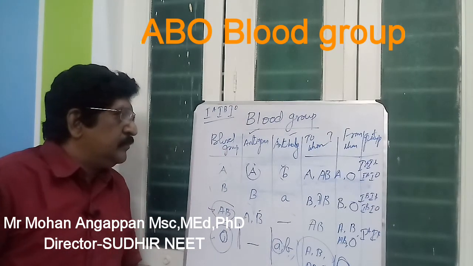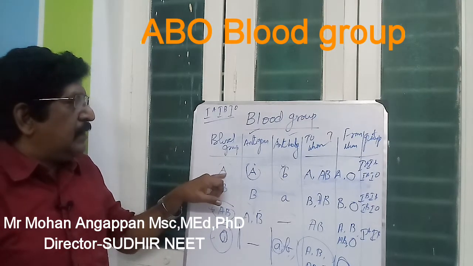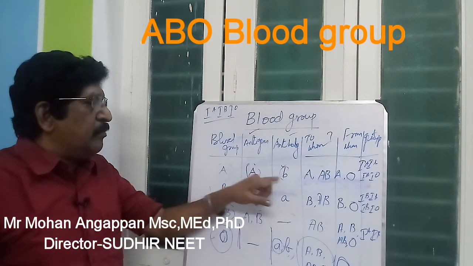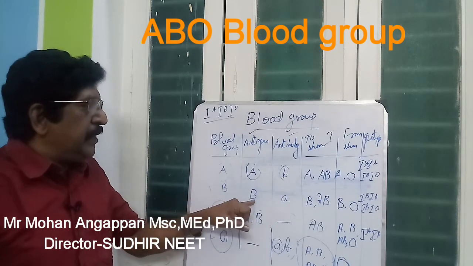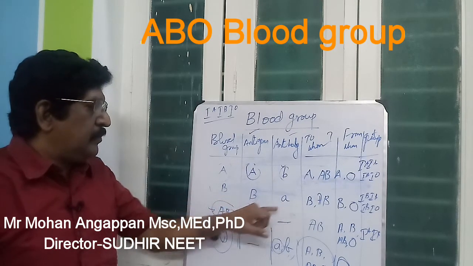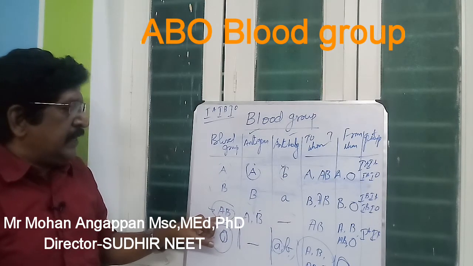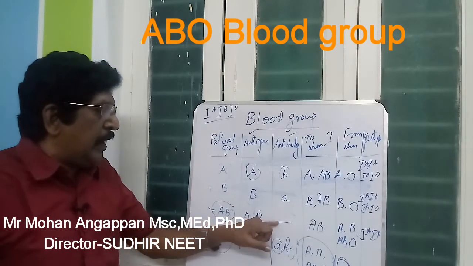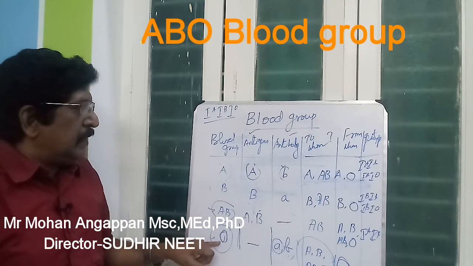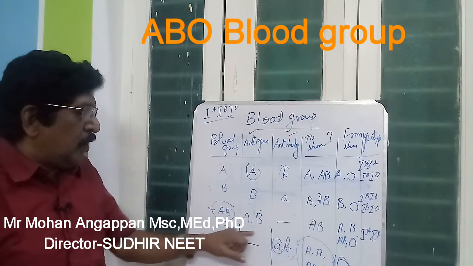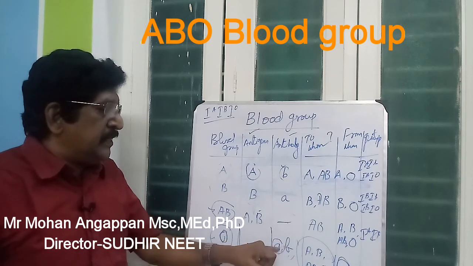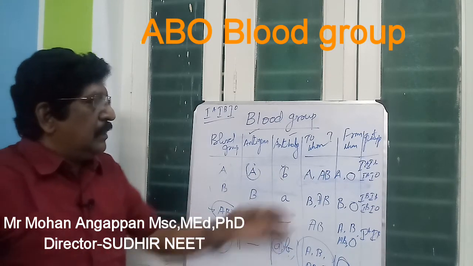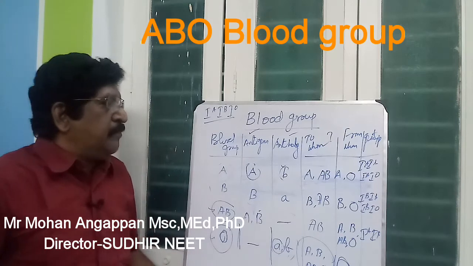I repeat, the blood group A contains the antigen A and antibody B. B blood group contains the antigen B and antibody A. Blood group AB contains the antigen A and B, no antibody. O blood group contains no antigen, but both the antibodies are present, A and B. To whom it can donate blood?